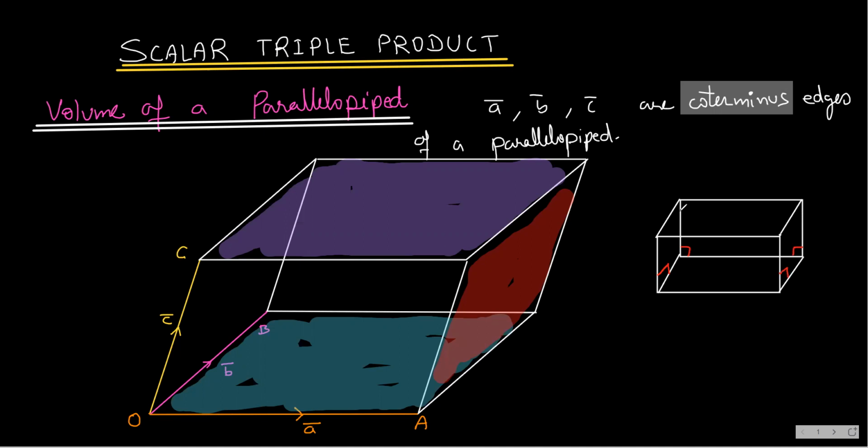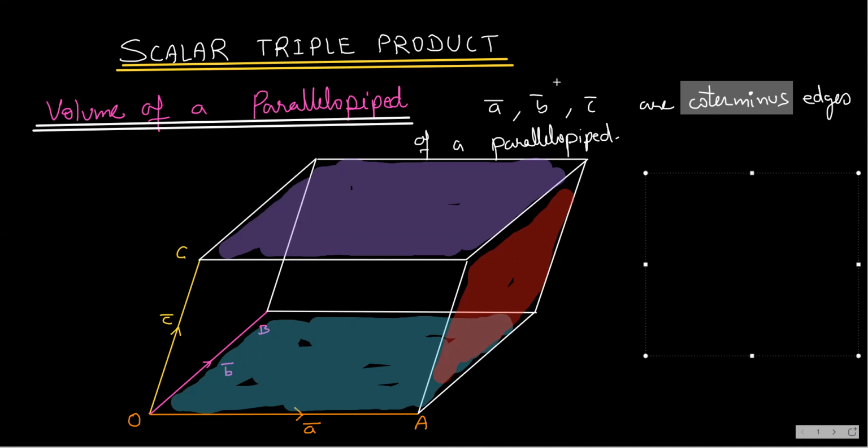Look at these angles. These angles are all 90-degree angles. But here it is not the case. This is a parallelepiped. These angles are not 90 degrees. You can check this, they are not 90 degrees. But here all are 90 degrees. I hope you understand.